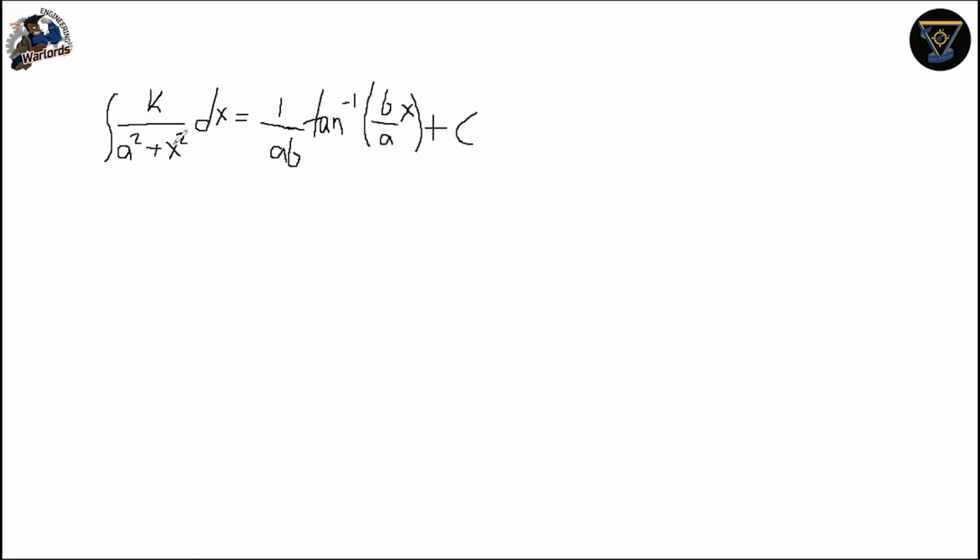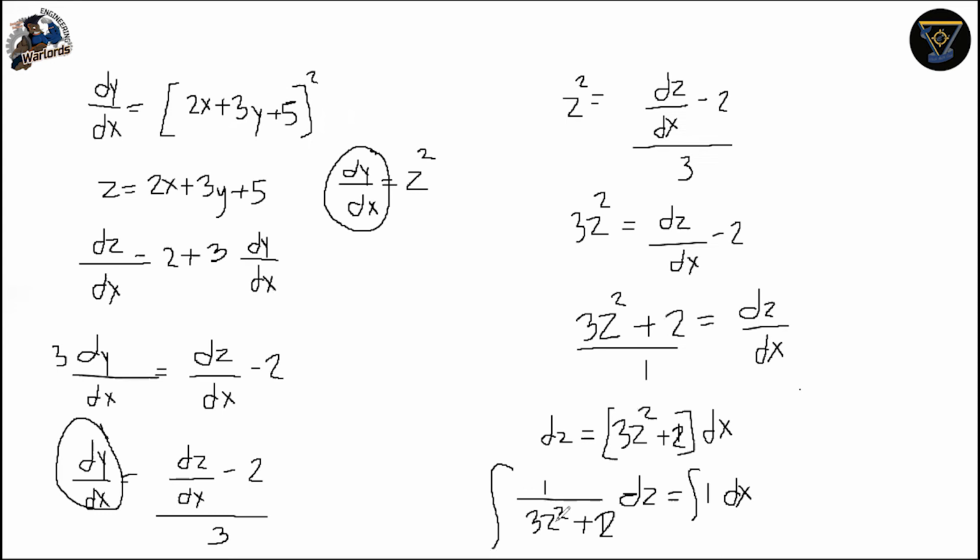So this is the formula we're going to have. If you look at this now, you need this to be squared and you need this to be squared. So this is our a and this is our b.